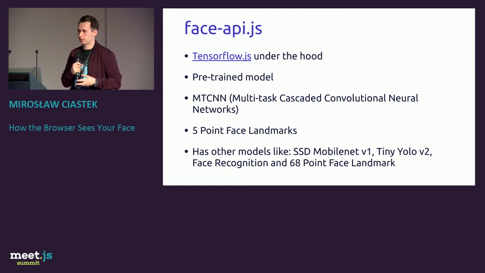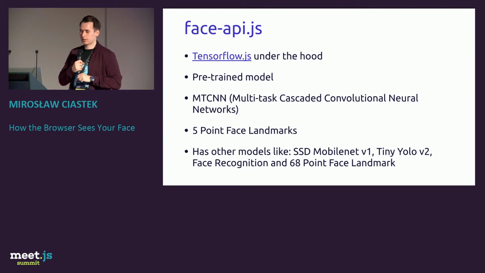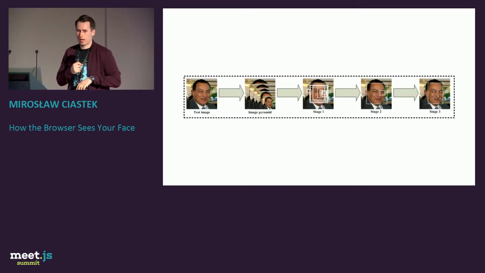Then using these coordinates, for example, you can place some stickers and recreate the Snapchat filters. It also has other built-in models, and the 68-point face landmark detection can be useful for mobile devices because it's very light.